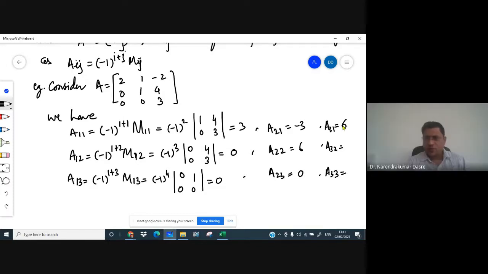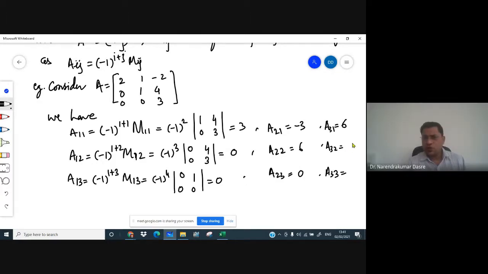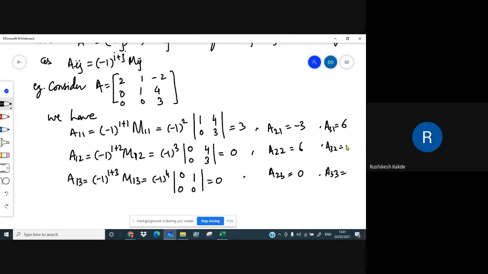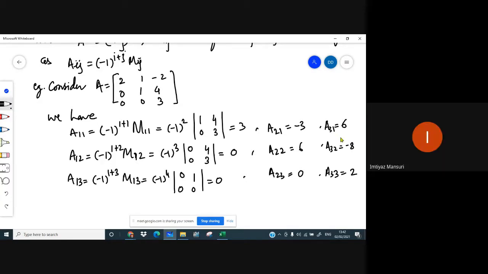A32 is minus 8. A33 is 2. So are you sure about this now? Yes, sir. Okay, so everybody has calculated and is sure that these are the correct values. Correct? Yes, sir.